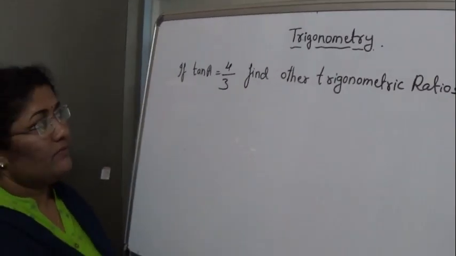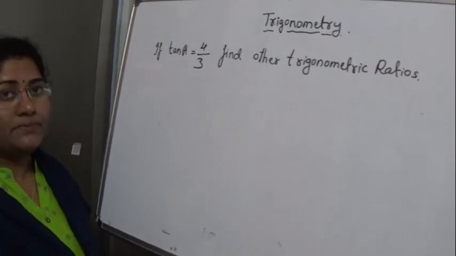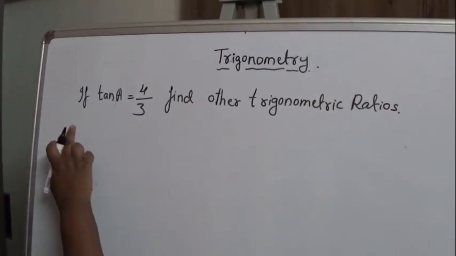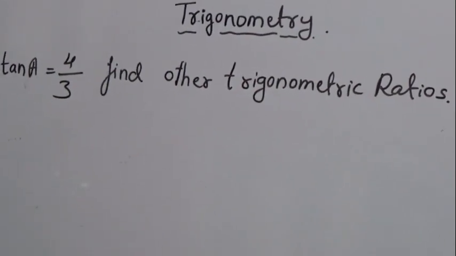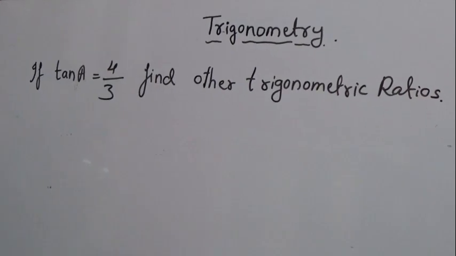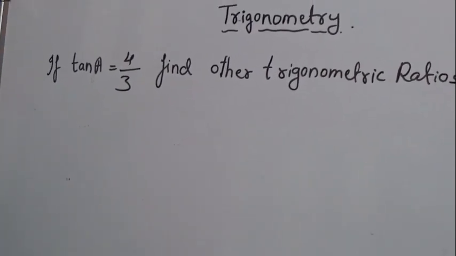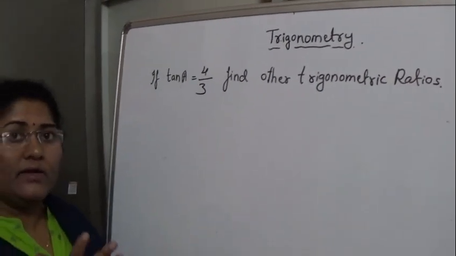Dear students, here we are going to solve some problems based on the trigonometric ratios. See here, if tan A is equal to 4 by 3, find the other trigonometric ratios. Other means other than tan theta, means sine, cos, cot, secant and cosecant.